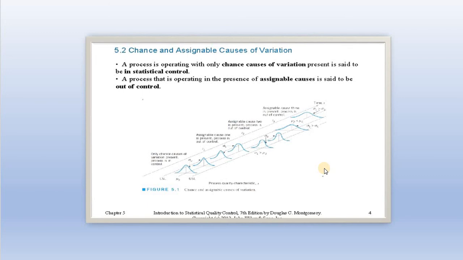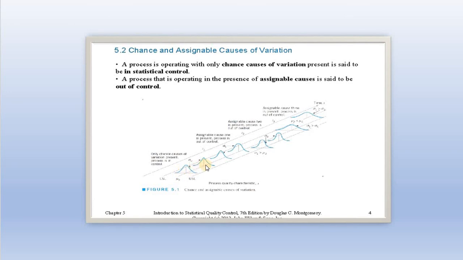Now, in this figure, I am trying to illustrate the chance and assignable causes of variation in a manufacturing process. Here, this is the upper control limit and this is the lower control limit, and the process is in control.